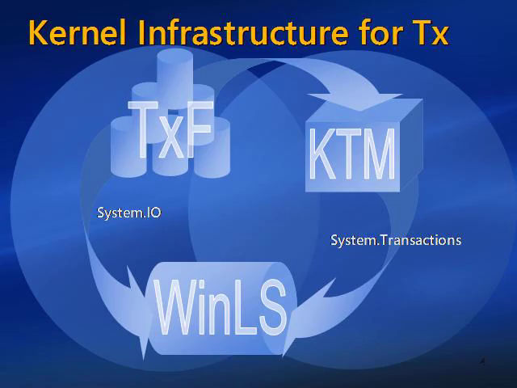Well, what we have done now, beginning with Longhorn, is extended these semantics, where you can now expect to get ACID properties, atomicity, consistency, isolation, durability guarantees for changes made to the file system by you, if those changes were made within the context of a transaction.